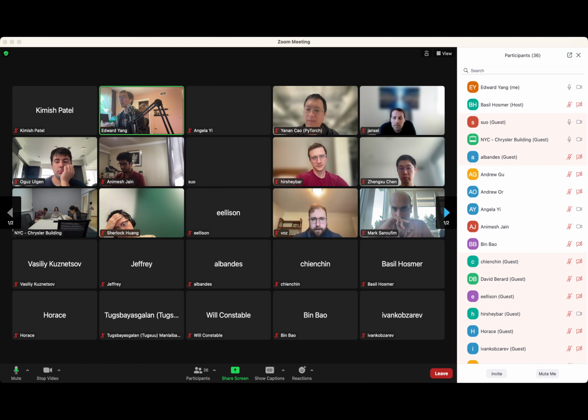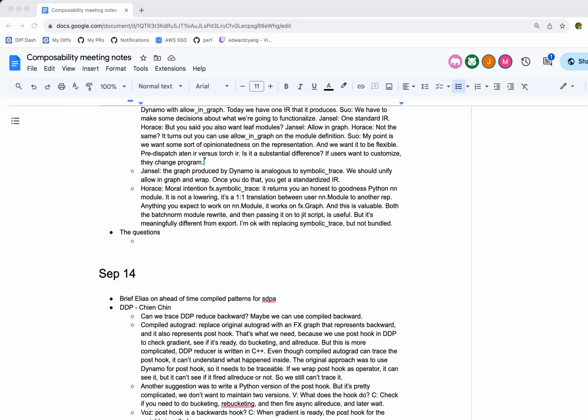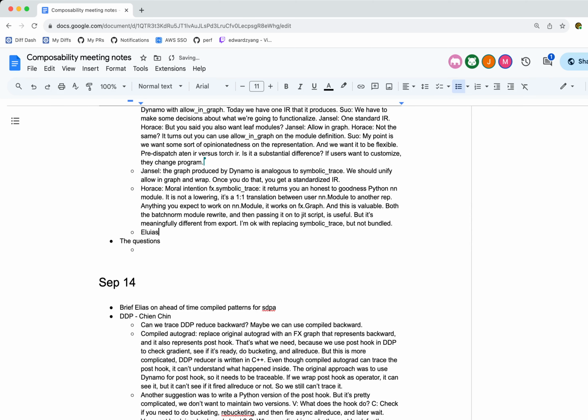I just want to point out that for some modules like LSTM, for example, we don't have an alternative, we don't have a non-Torch IR representation of loops right now. So if we were to lower to pre-dispatch, there's no alternative way to represent control flow right now. The only way to do it is with Torch IR and an FX wrap. There will be though.